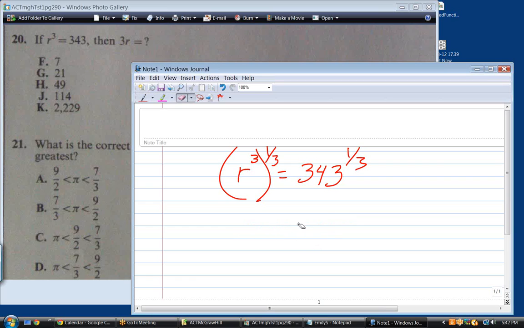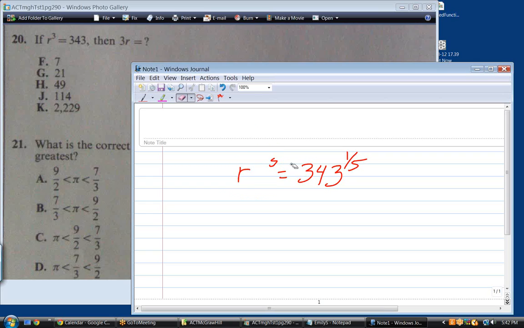Now, if the problem was r to the 5th equals 343, then I would need to take the 5th root of both sides. In other words, we're going to use an exponent that when multiplied by this number is equal to 1.